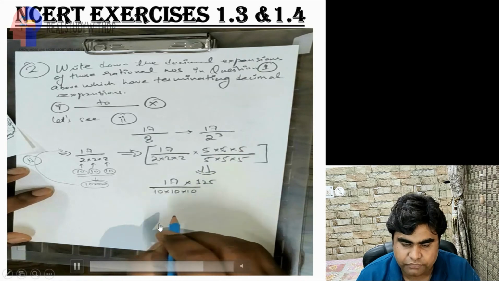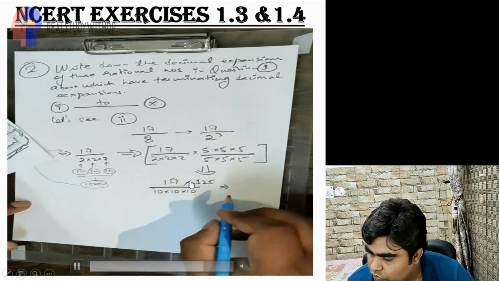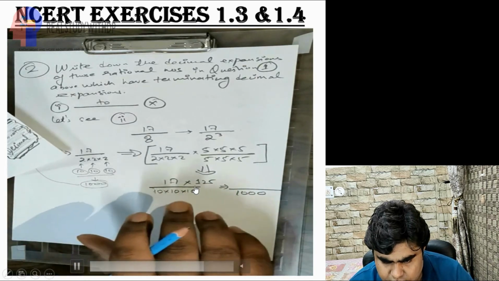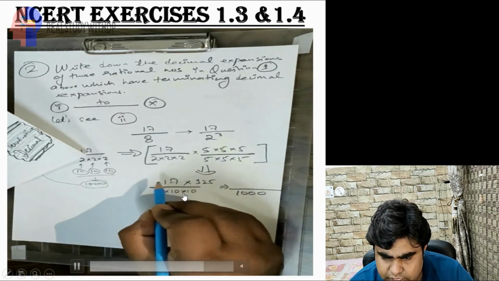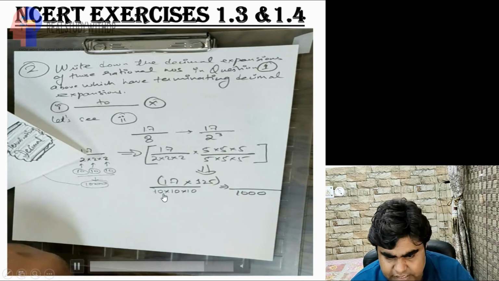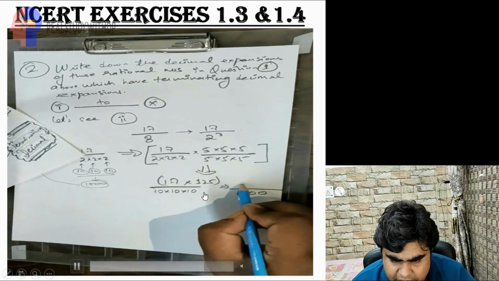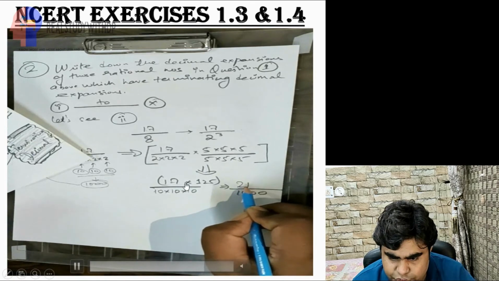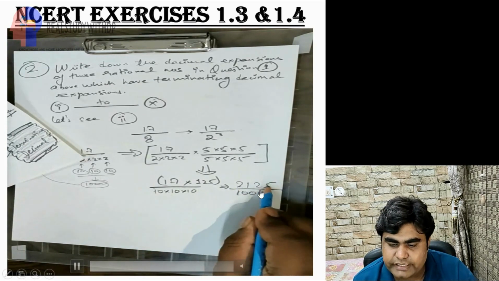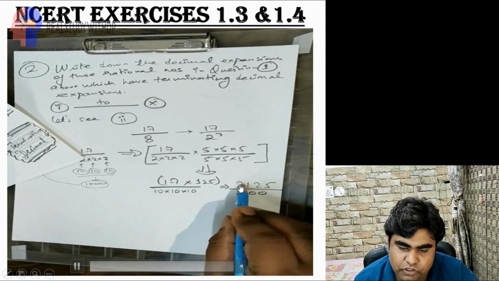After multiplying 17 times 125, first we consider the denominator. 10 times 10 times 10 is 1000. After multiplying 17 times 125 in the numerator, we get 2125, and after counting 3 digits we can put the decimal over here.